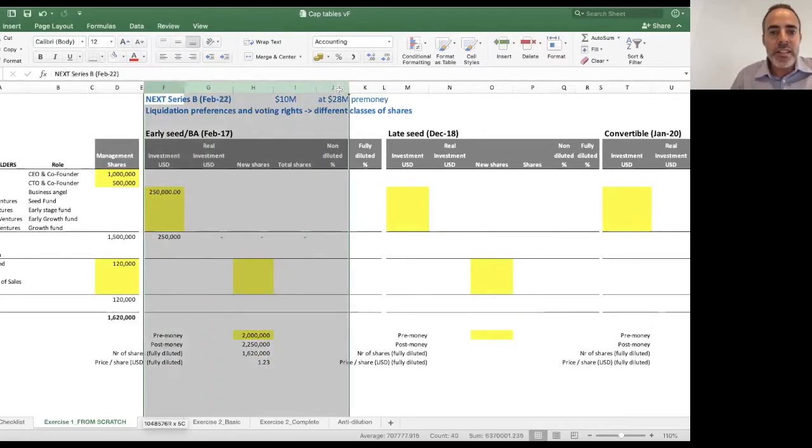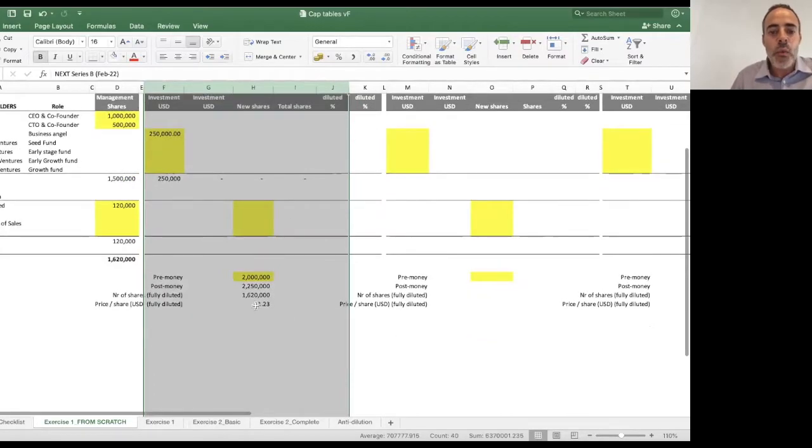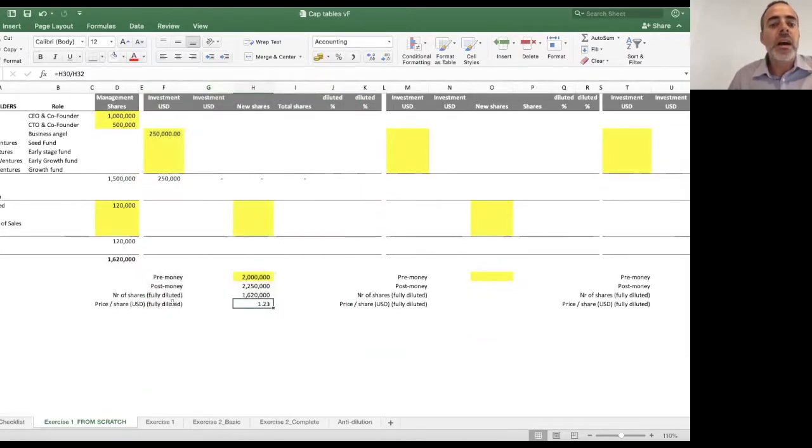This early seed investment is going to take place at a 1.23 share price. Legally, when you have to put these numbers into the term sheet, the legal documents and the contracts, usually you cannot put an endless number of decimals, okay?